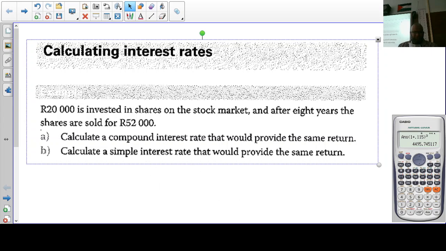We're looking at the example on page 267.